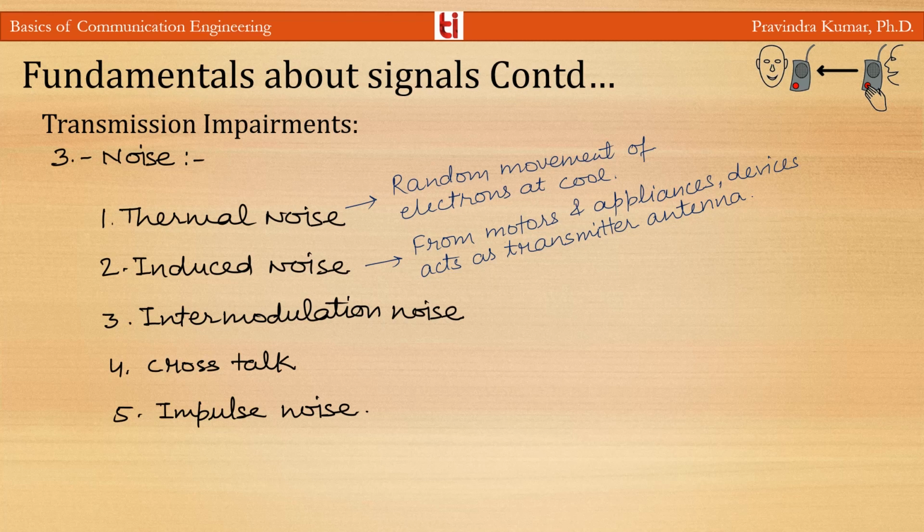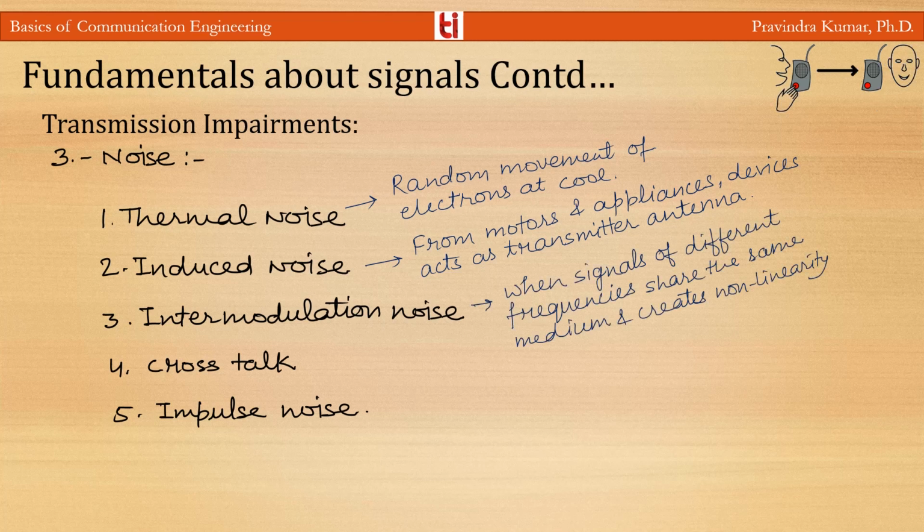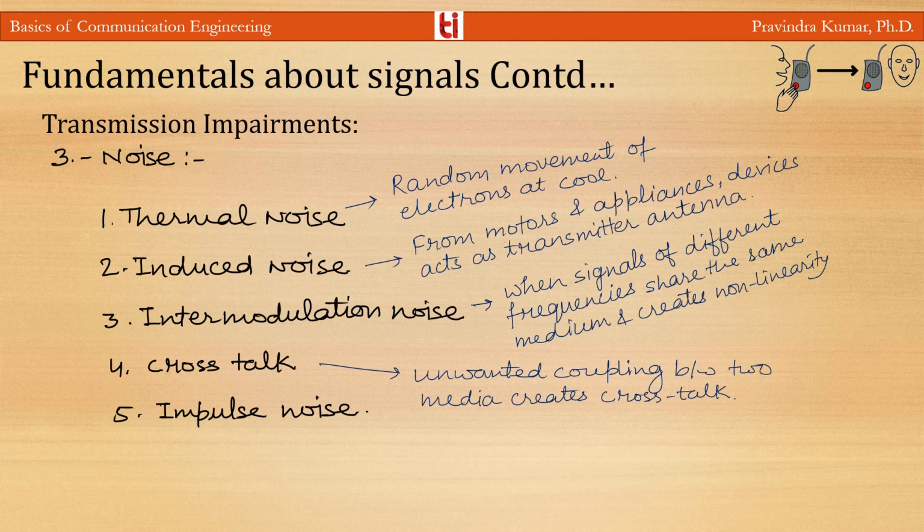The intermodulation noise occurs when signals of different frequencies share the same medium and create non-linearity in the transmission system. The unwanted coupling between two media creates crosstalk. For example, in telephone networks, a number of cables are bunched together and sent from one place to another. The signal passing through one cable induces a signal in another cable, and this leads to crosstalk.